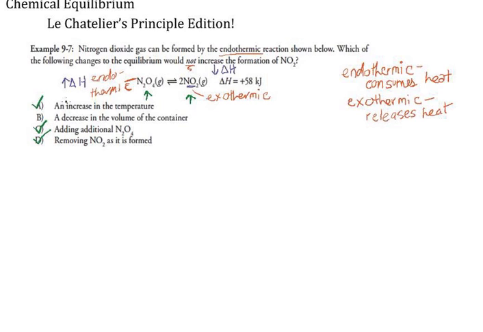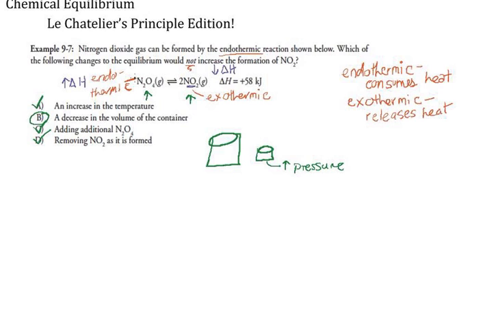And that leaves us with process of elimination with B, a decrease in the volume of the container. And again, if you think about it, we know this is only with gases, right? But with gases, remember that when you decrease the size of the container, you increase pressure, right?